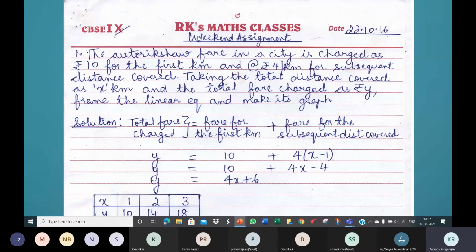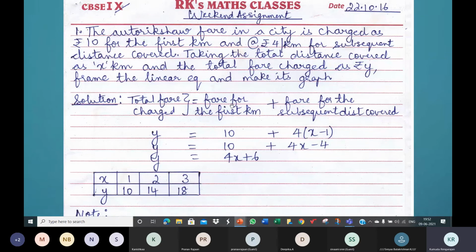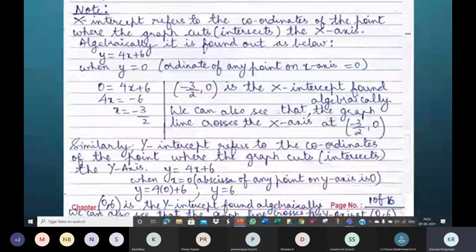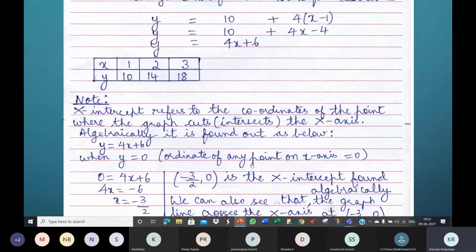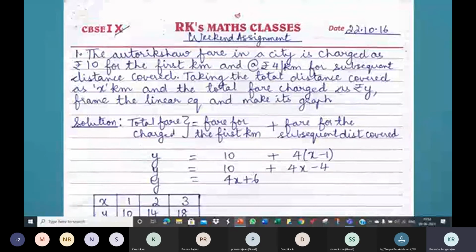So while answering this graph, I've just mentioned this note describing the meaning of the term x-intercept and y-intercept and how it can be found algebraically. This is not a part of the first graph, just for your information.